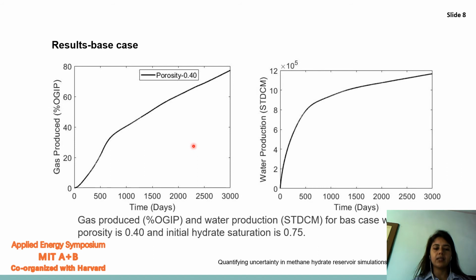For the base case, where the porosity is 0.4 and initial hydrate saturation is 0.75, the gas produced was higher, around 80% of original gas in place. The water production was also higher for the initial 500 days, then it decreases. So now we introduce uncertainty in porosity and initial hydrate saturation to see the impact of uncertainty on the final gas production.